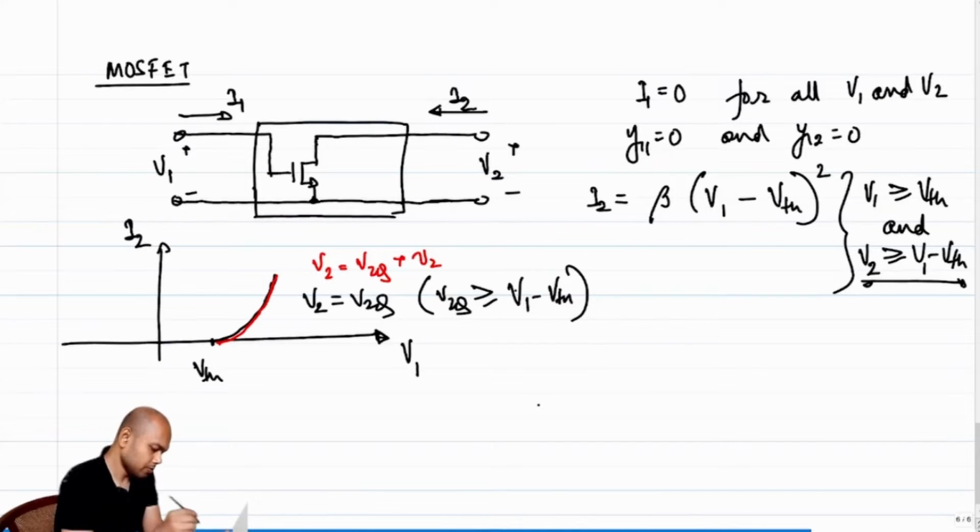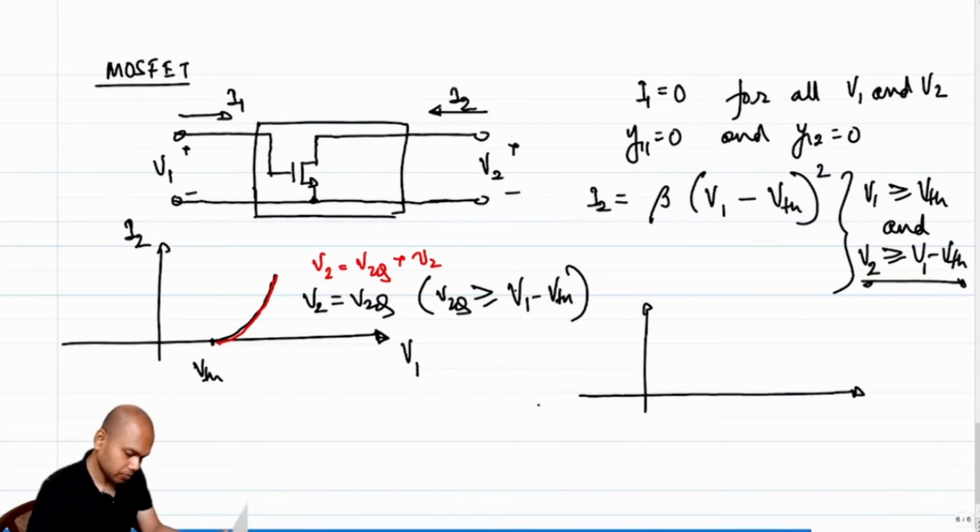What about the output characteristics of I2 versus V2? What is this equation telling you?